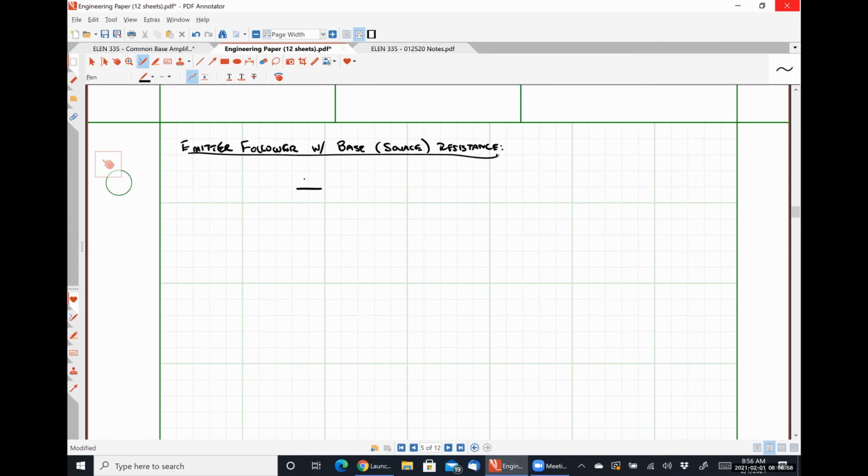So our circuit would look something like this. And I'm going to say that we have some resistance RB right there.